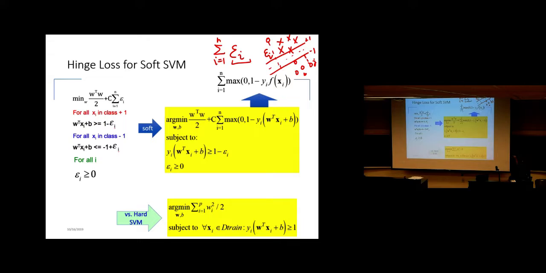And this is totally reflected in this loss formulation. If your y_i times f(x_i), which is w transpose x plus b, is correctly predicted, what should be the number? Larger than or equal to 1, right? Those are correct points. If they are correctly predicted, what will be this whole thing? 0.